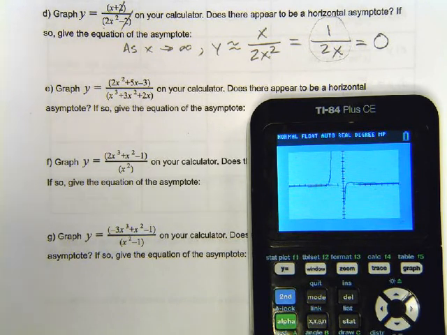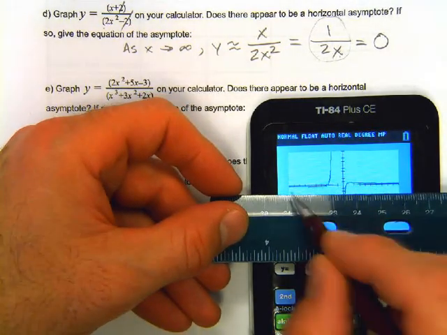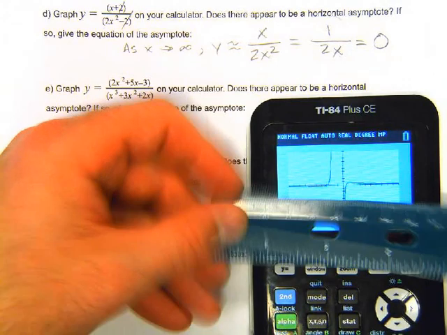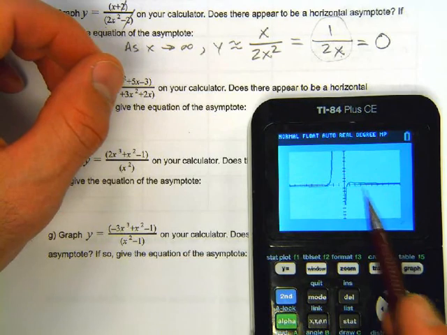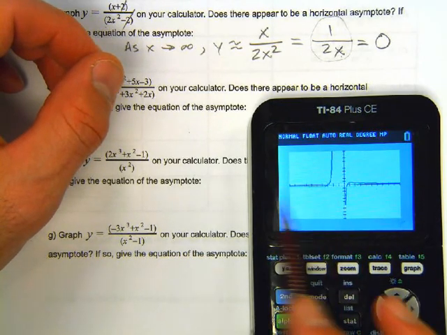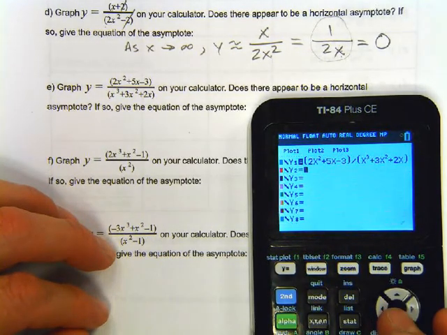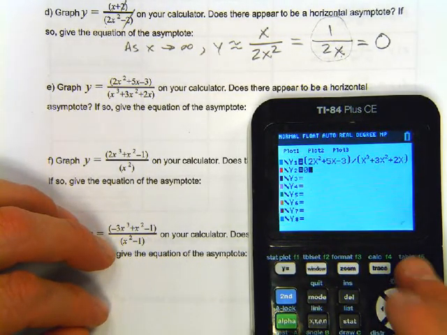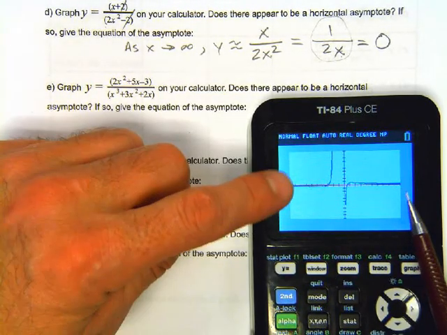Does it look like there's a horizontal asymptote on that one? Does it look like there's a straight line out here when x gets big and small? Yeah, it looks like it's going towards y equals 0. Let's do that. Y equals 0. Watch the red line go across. When x is big and small, is the function right at y equals 0? Yeah, let's see what's happening.